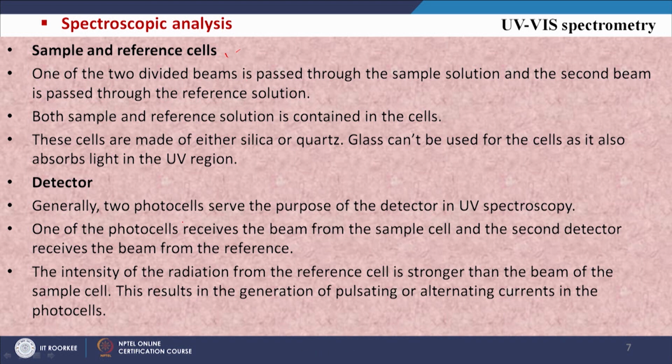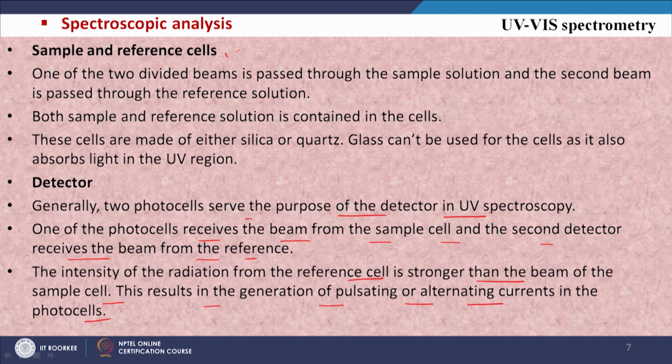Generally, 2 photocells serve the purpose of the detector in UV spectroscopy. One of the photocells receives the beam from the sample cell and the second receives the beam from the reference. The intensity of the radiation from the reference cell is stronger than the beam from the sample cell. This results in the generation of pulsating or alternating currents in the photocells.